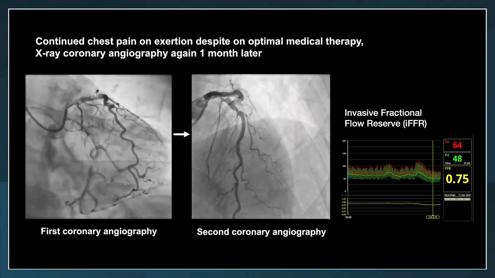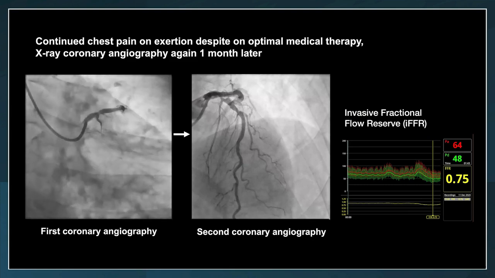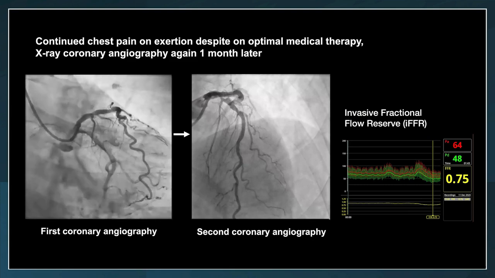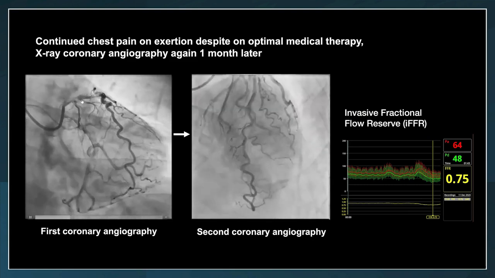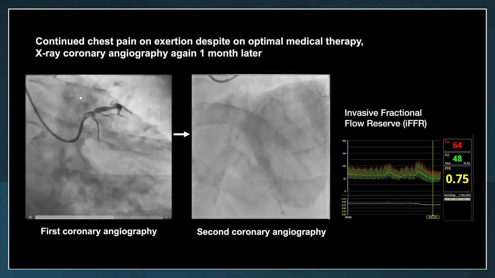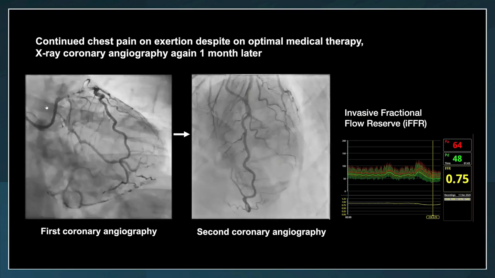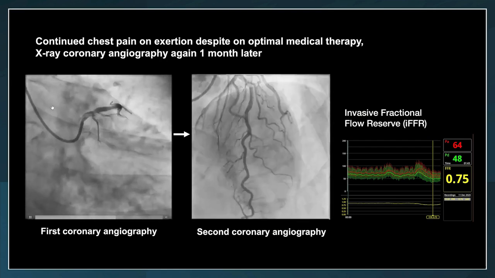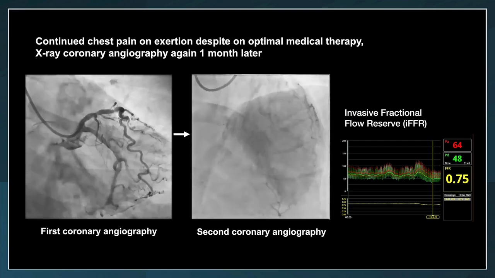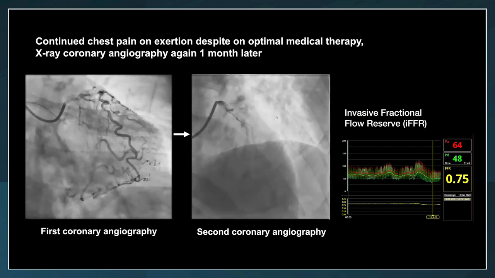The patient actually had an angiography around the time of the cardiac MRI. It was initially thought that there was no stenosis in the proximal coronary artery territory, and the patient was sent home on medical therapy and told that he had no significant stenosis.